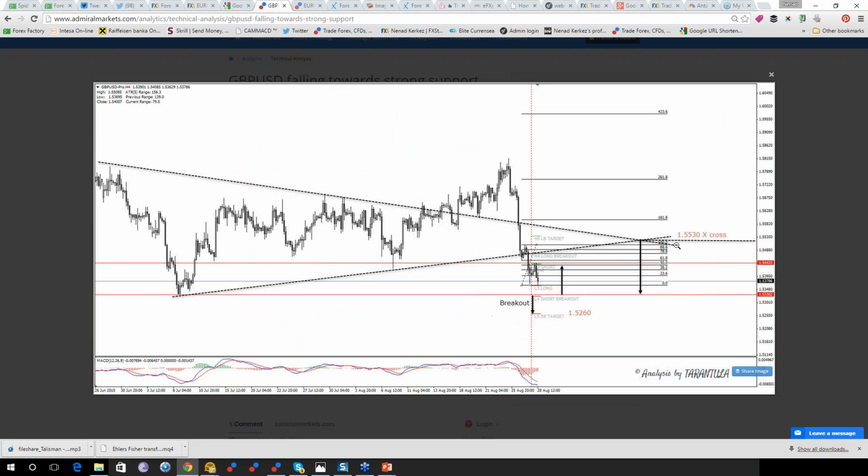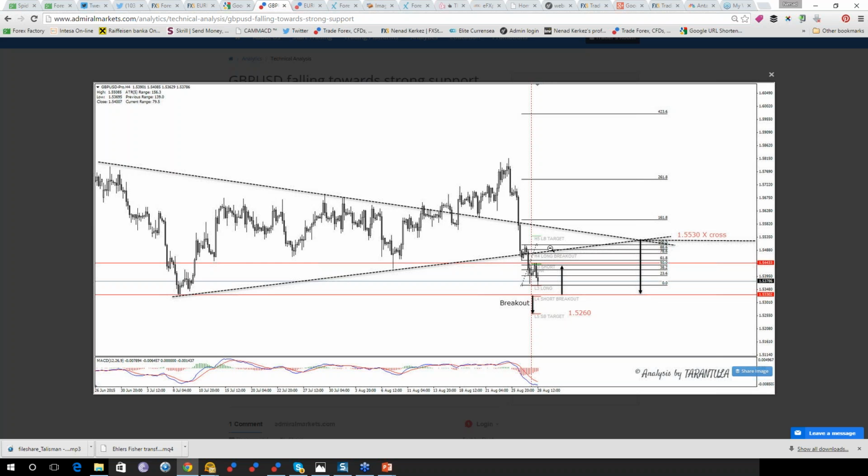Now the X point is 55.30 because we see that the X point now corresponds to the H5 level, and the H5 level is now a historical Camarilla resistance. Historical because this resistance was active on Friday, so now it's historical resistance.